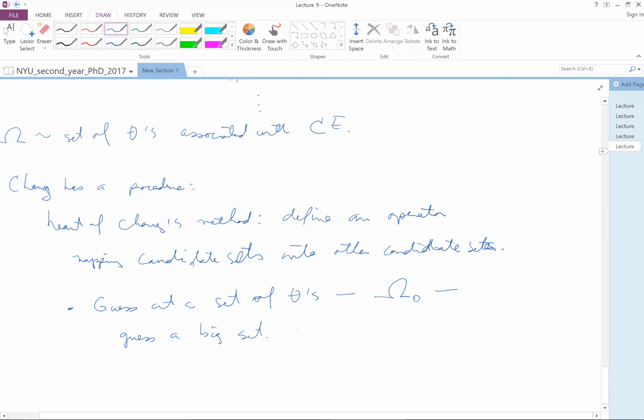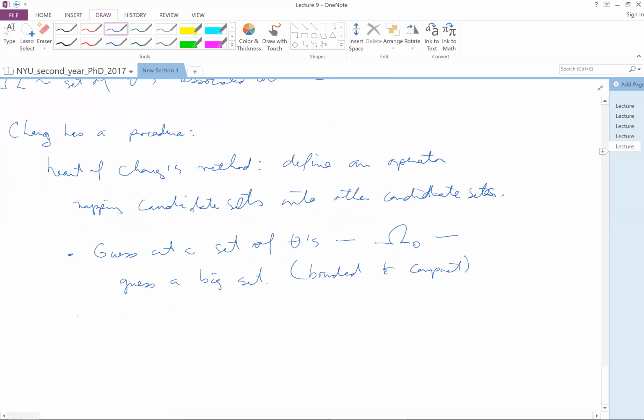He's going to assume that this set is bounded and compact. He'll assume some technical things. And then he's going to stare at the Euler equation. And what does the Euler equation do? It takes a theta prime belonging to omega 0 and it maps it into a theta. That's what that Euler equation does.